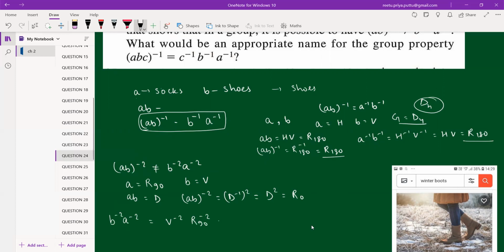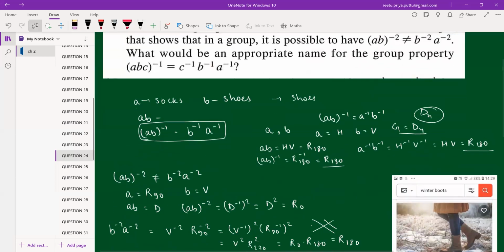Now V minus 2 is basically V inverse whole square and this is R90 inverse whole square. Now V inverse is V, so V square is R0, and R90 inverse is R270, so R270 whole square is R180. Now these two are not equal, and we are able to find one example.